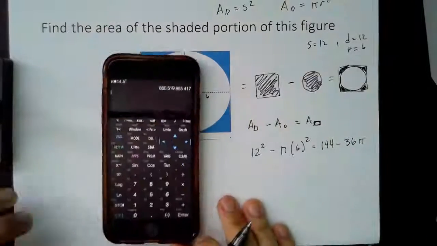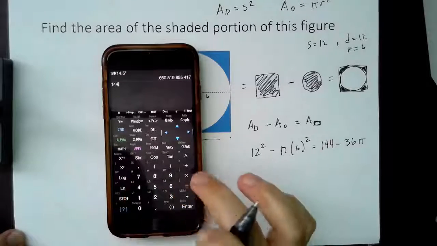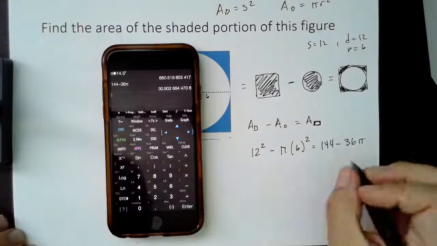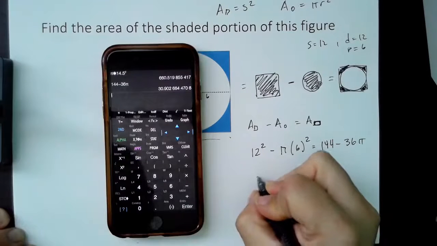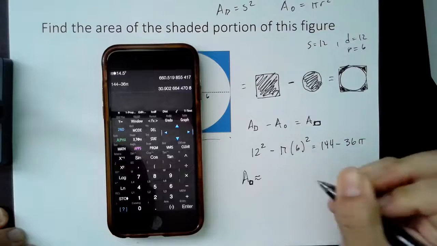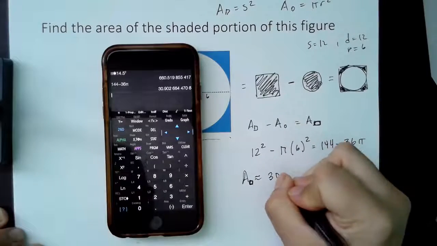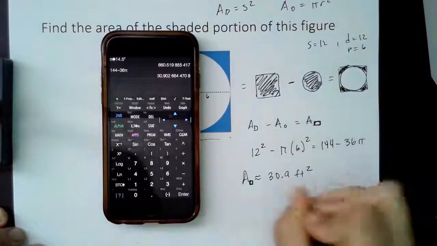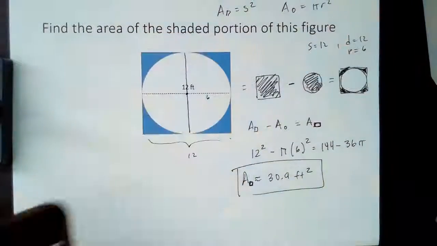Okay, so let's go ahead and calculate that. So we have 144 minus 36 pi, and that's about, the area of this weird part, the shaded portion part, is going to be 30.9 feet squared.